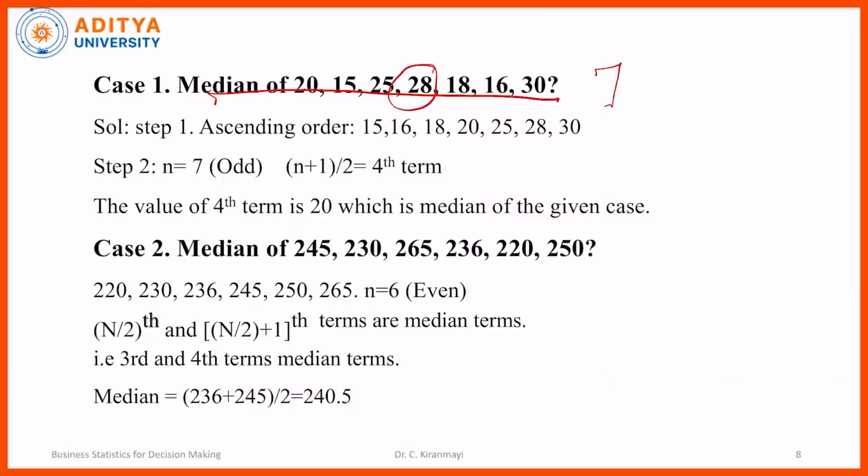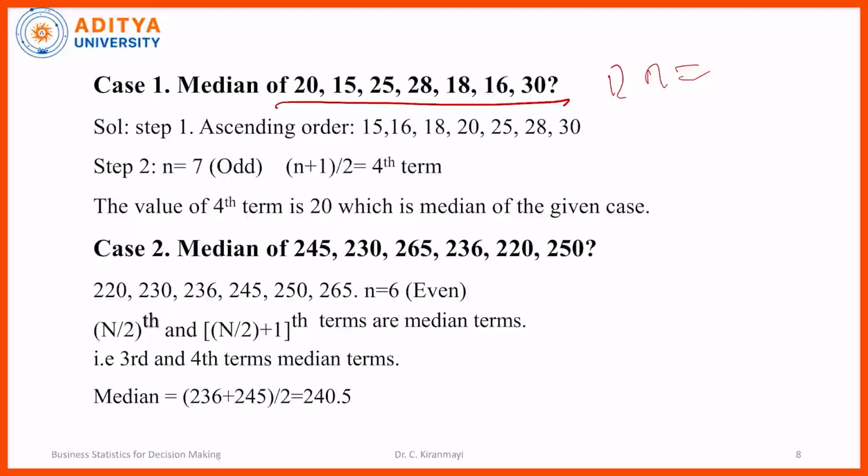So let me tell you the computation part of median in case of raw observations. This is the problem we have. Whenever we are computing median in case of raw observations, first we have to observe the number of observations.